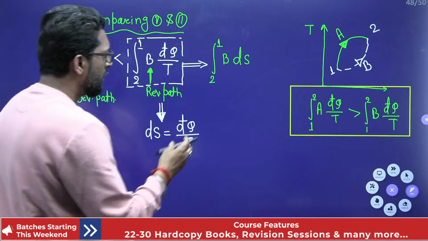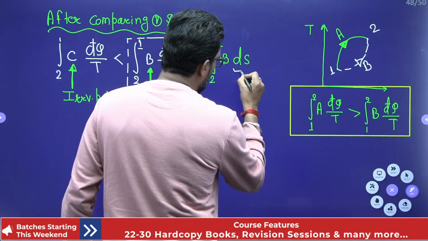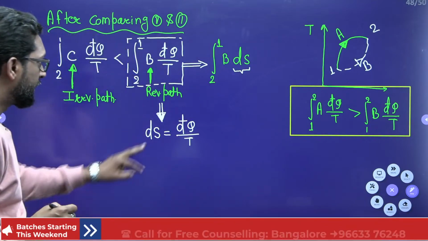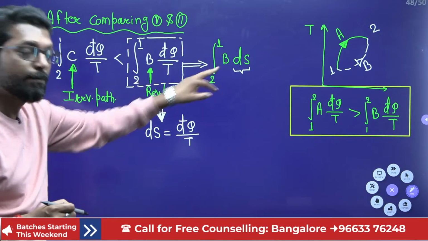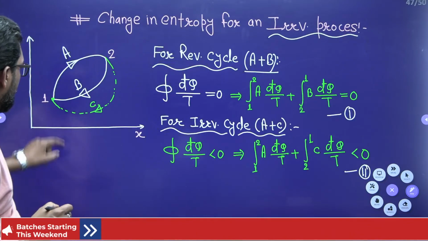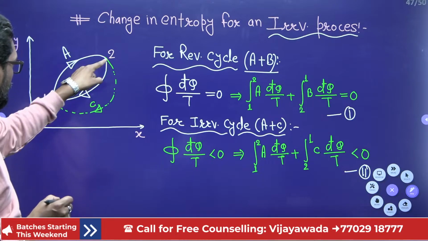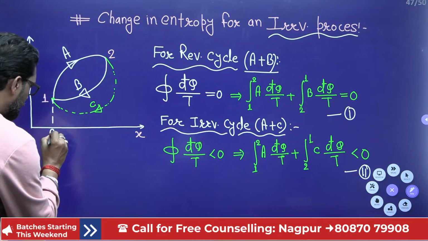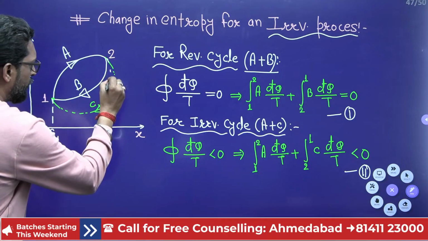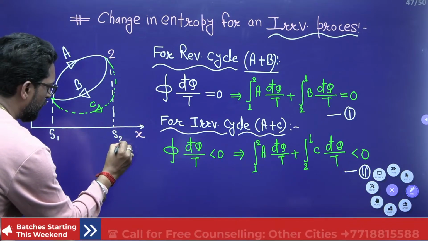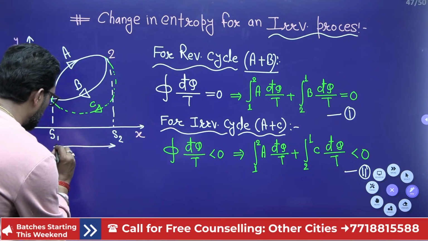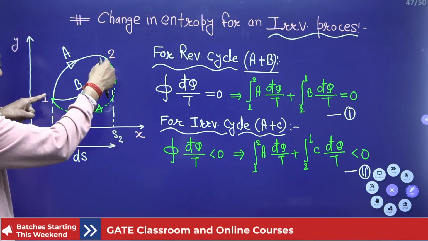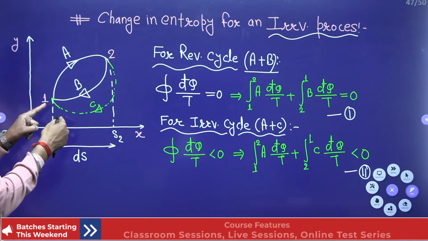Now, very important, this is ds from 2 to 1 via path B. This is your S1, this is your S2. So ds for path B and ds for path C are the same.